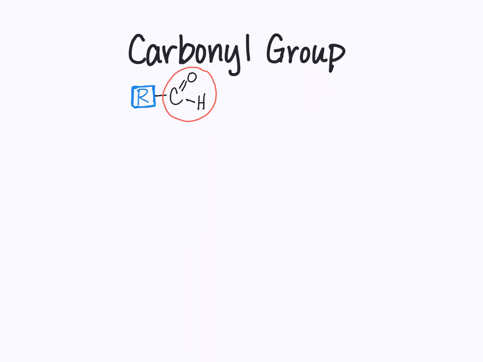So an example of a molecule that has a carbonyl group would be glyceraldehyde. And glyceraldehyde looks like this.